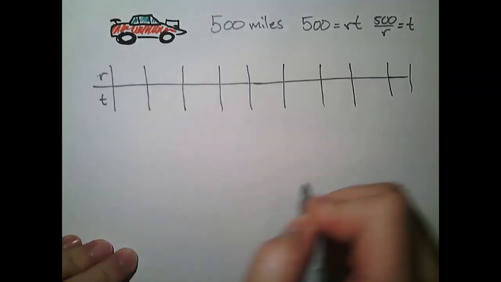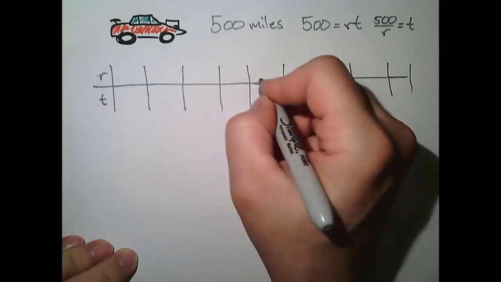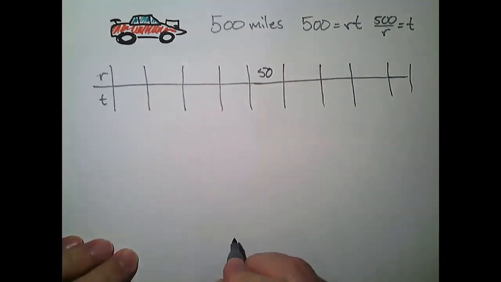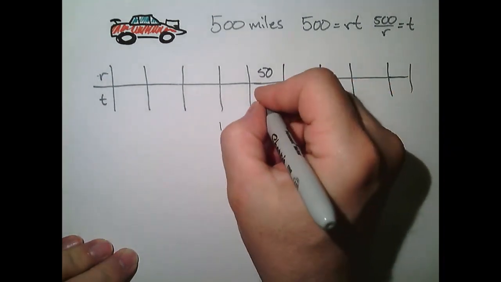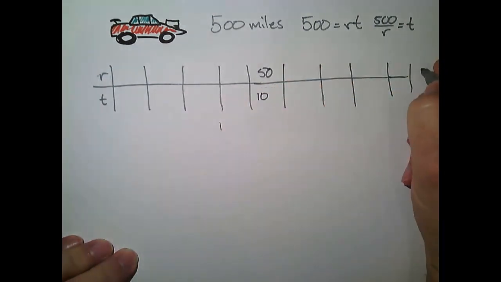So let's build us a table. So I'll start here. And let's say our rate's 50. Well, if we divide 500 by 50, then we get 10. And we're going to say this is miles per hour, and this is hours.